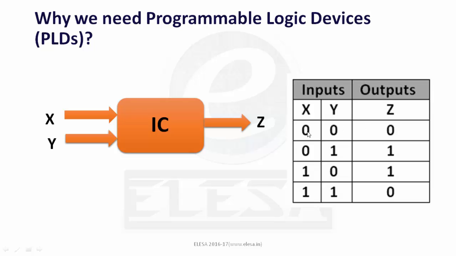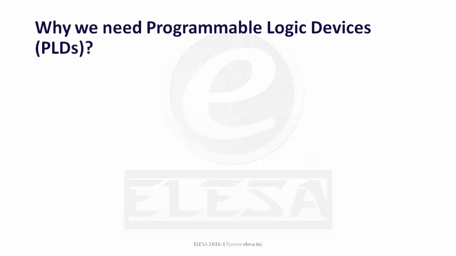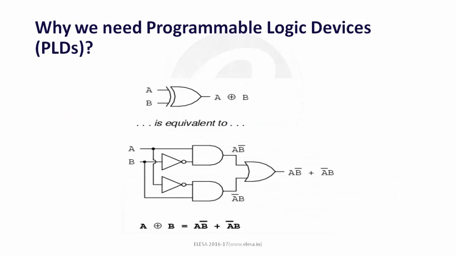That is, at the input 00, now you want the output as a 1. Of course, this will change the entire design of the IC. So if this type of problem comes up in the field when you are working, it is required to change the IC. You have to design it again, you have to send your design again to the manufacturer, and then again you have to wait while the manufacturer gives you the IC.